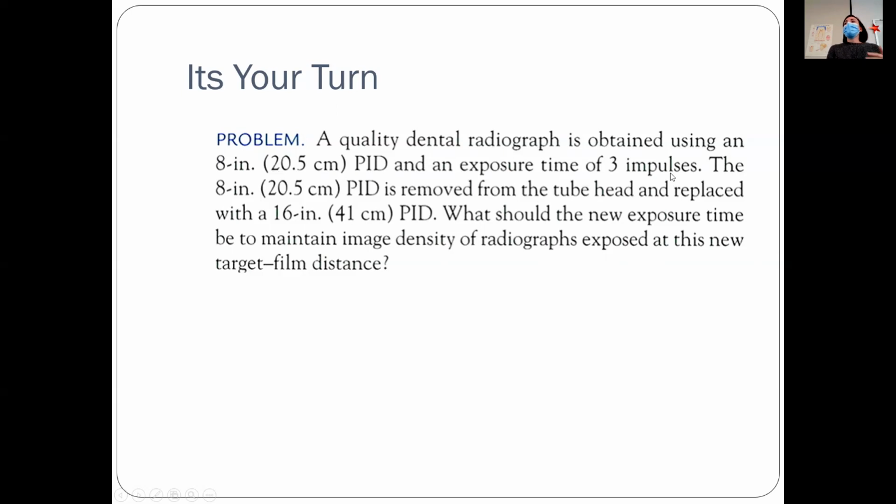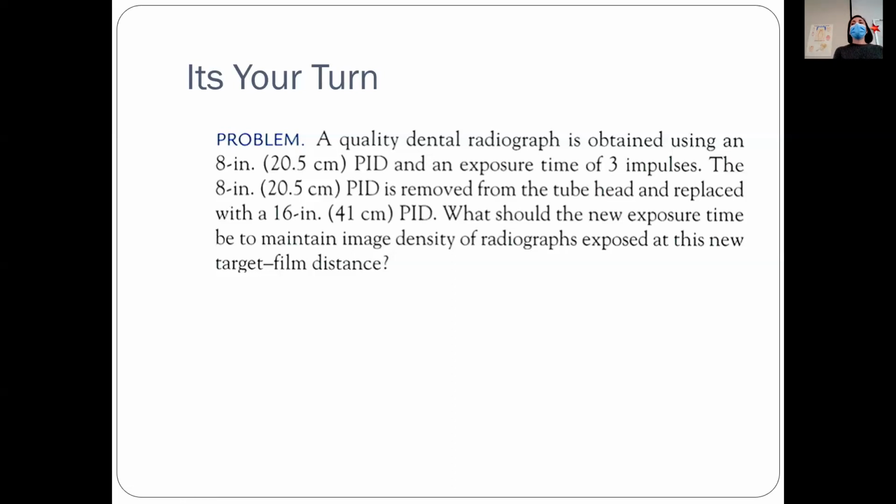See, this throws me. The 8-inch BID is removed, double the length. A 16-inch BID is now used. What should the new exposure time be to maintain the image density? So we need to increase, the bottom line is, the amount of X-ray photons coming out. That's basically what it's saying.